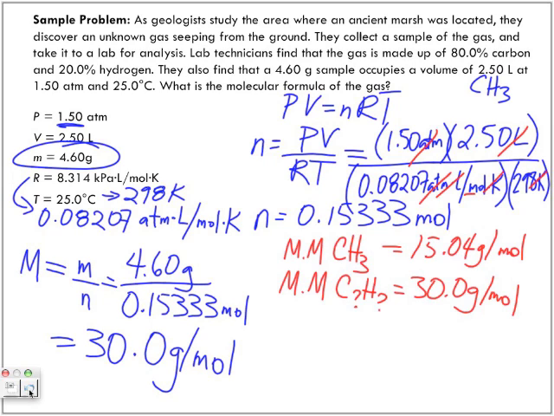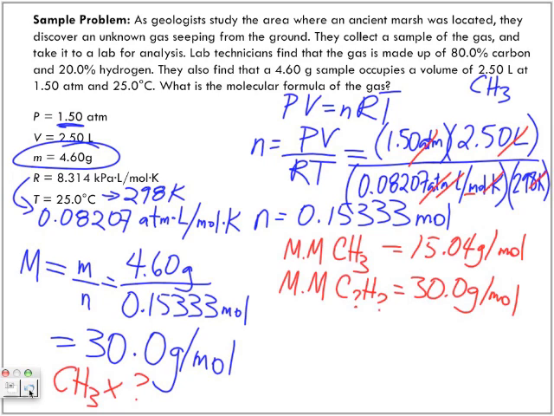So we want to find the ratio. What am I going to multiply CH3 by to figure out what the actual molecular formula is? What do you think I'm going to do with these two numbers? Divide them, right? But which order? I can't just divide them the way they are, because I'm going to get a decimal value.